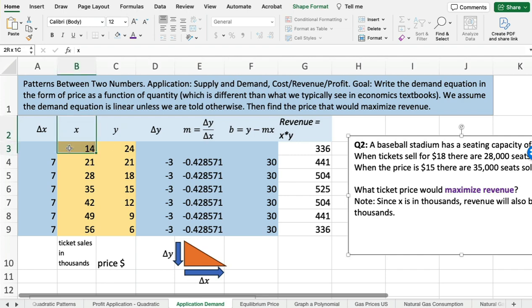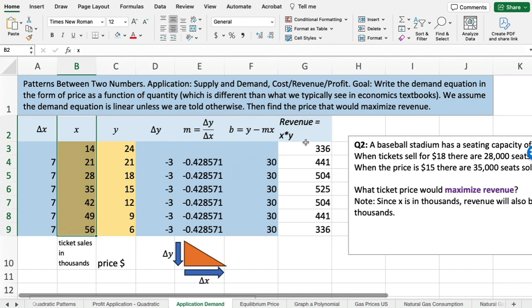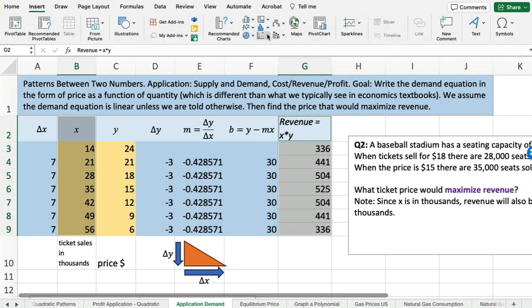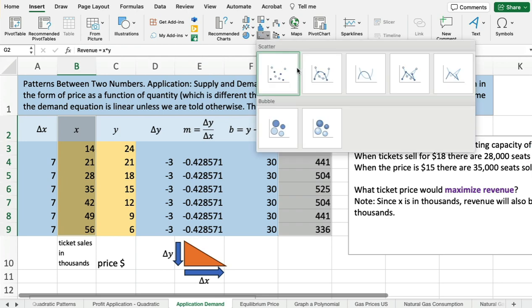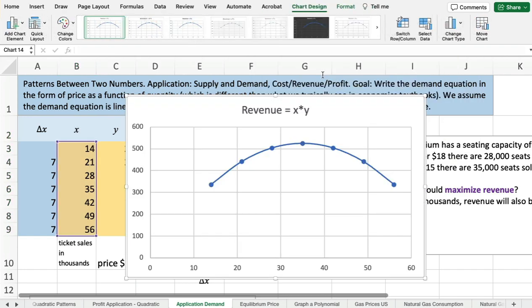You don't have to take my word for it. We can highlight all of our x values, and on a Mac I have to hit the Control key, and highlight our revenue values. I'm going to show you what a graph of that looks like, and I'm going to put markers on this. I'll use a scatter plot with smooth lines and markers so that you can see my vertex right there.